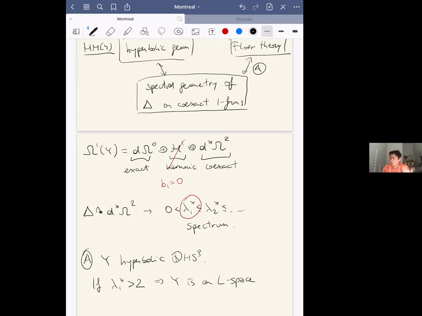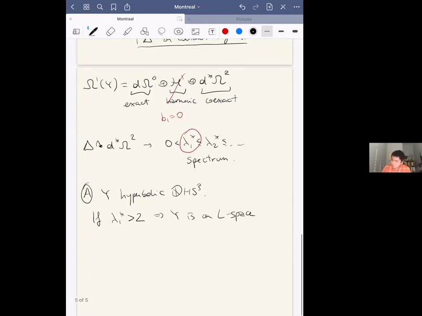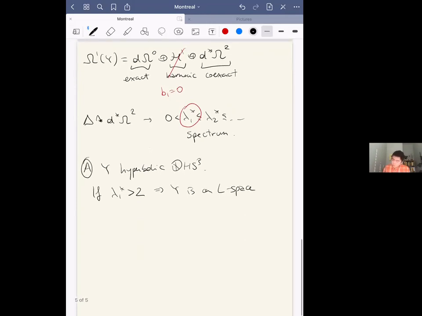And you can think of L space as some measure of smallness for your manifold from the Floer theoretic point of view. The L space conjecture relates this to, for example, existence of taut foliations, and you can think of that also as some kind of measure of smallness. You can think of a manifold that admits a taut foliation as some kind of big manifold. So I think the heuristic for this result is that some measure of smallness in spectral geometry corresponds to some measure of smallness in Floer homology.